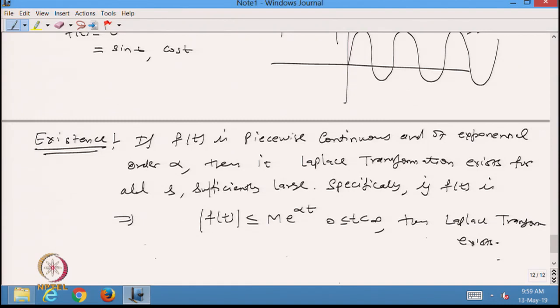So, if my function f(t) is piecewise continuous and of the exponential order alpha, then its Laplace transform exists for all s sufficiently large.